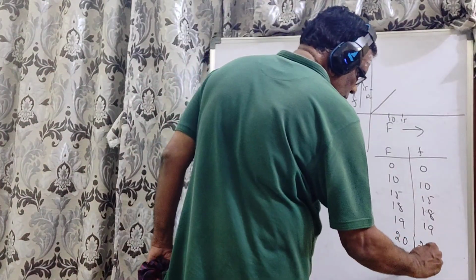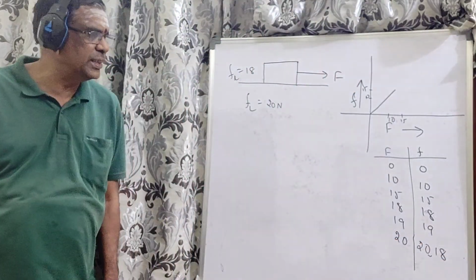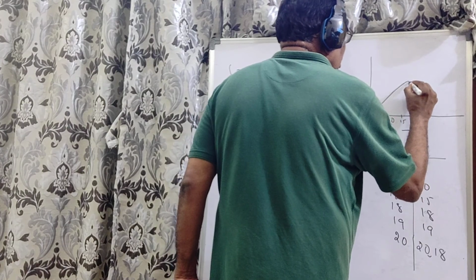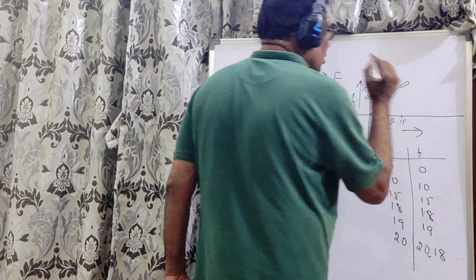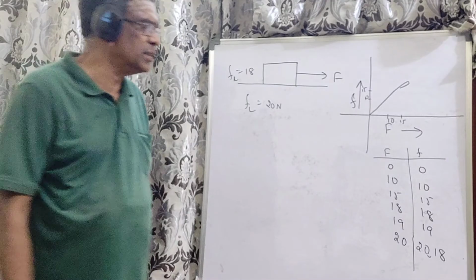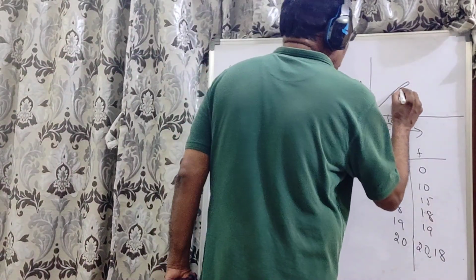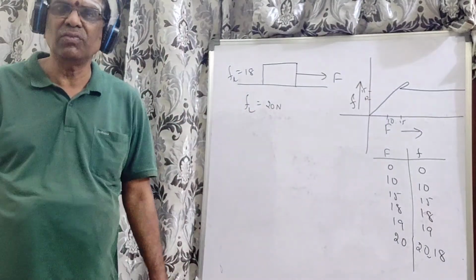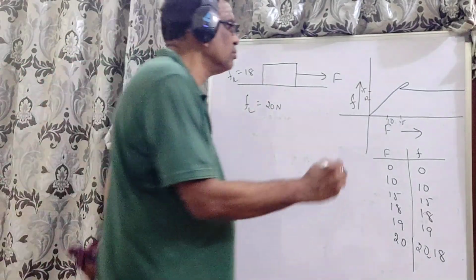Immediately at 20, but it starts moving, so it falls to 18. What do you mean by that? Likewise, it falls to 18. And no matter what force you apply, that frictional force remains constant.